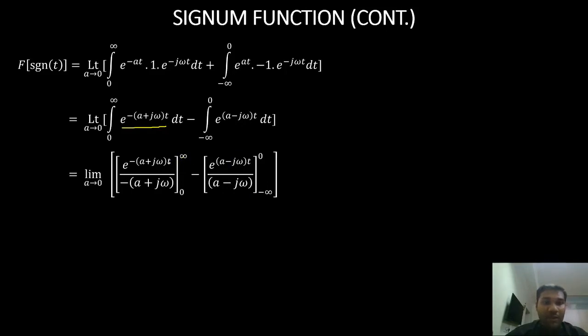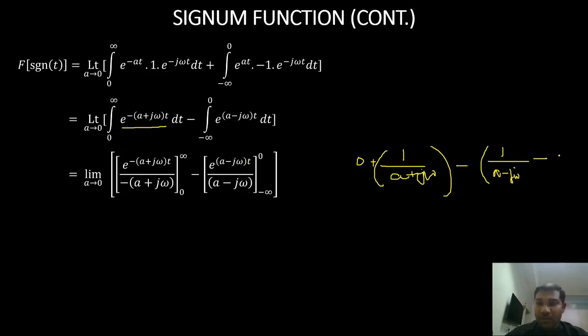In place of t, if I put infinity, e power minus infinity becomes 0, minus, if I put 0, e power minus 0 is 1, and I have a negative sign here, so this becomes plus 1 by a plus j omega, and then minus, if I put 0, e power 0 is 1 by a minus j omega, minus, if I put negative infinity, e power minus infinity is 0, right?